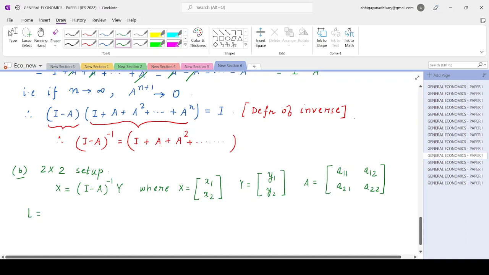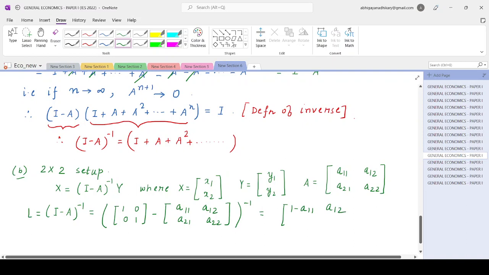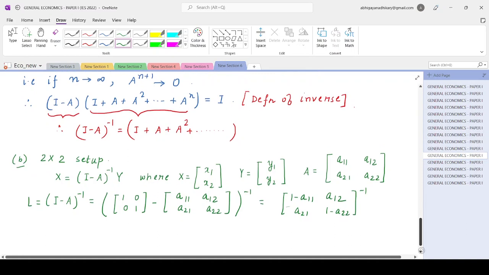Now if you look at the Leontief inverse, it looks something like this, right? (I minus A) whole inverse. That means I is what? A 2 by 2 identity matrix, 1 0 0 1, minus A11, A12, A21, A22, right? That inverse. So that is basically becoming 1 minus A11, minus A12, minus A21, 1 minus A22. This whole thing inverse. Correct?